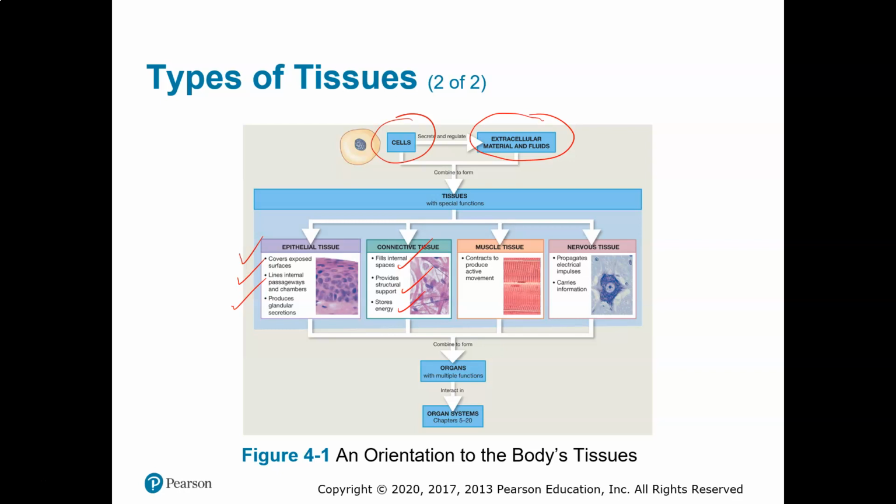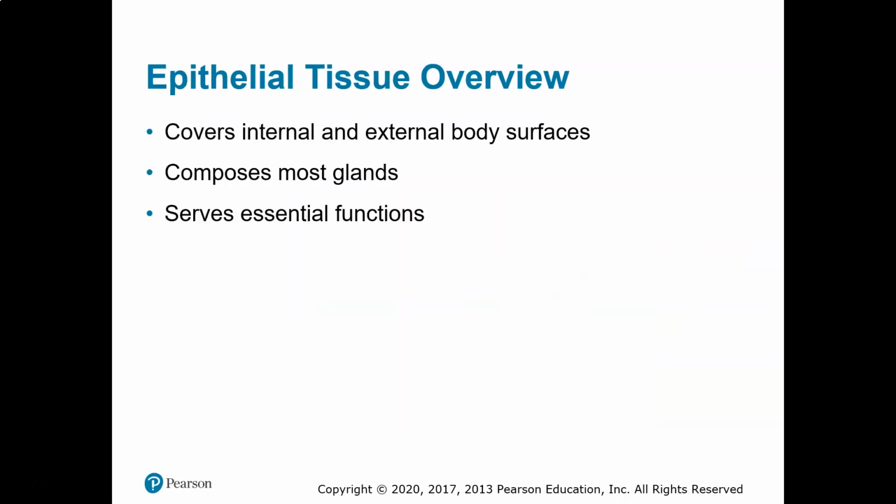Muscle tissue functions to contract, and nervous tissue functions to conduct electrical impulses. So contraction is the major function of muscle tissue. Conduction is the major function of nervous tissue. And all of these tissues combine to form organs, and multiple organs combine to form organ systems.